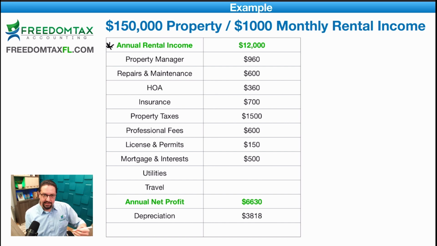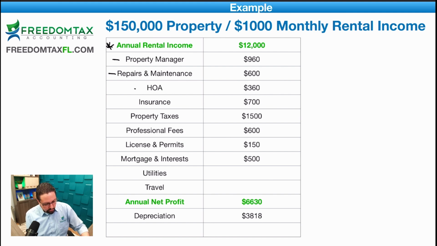Now we're going to talk about the tax deductions that you can have on your rental property. You can deduct what you pay your property manager, which is usually from 8% to 12% of the monthly rental income. You can deduct repairs and maintenance, which is always good to separate; 5% of the monthly rental income should go into repairs and maintenance.